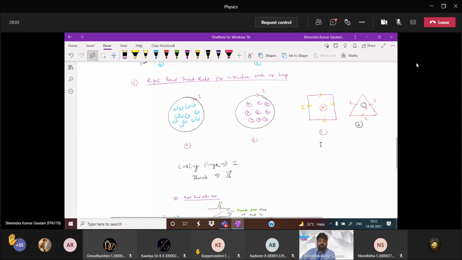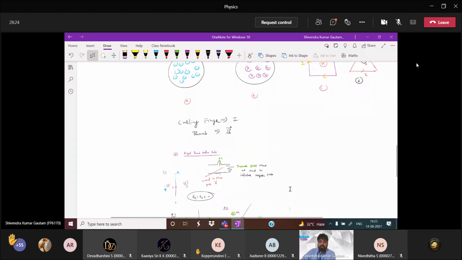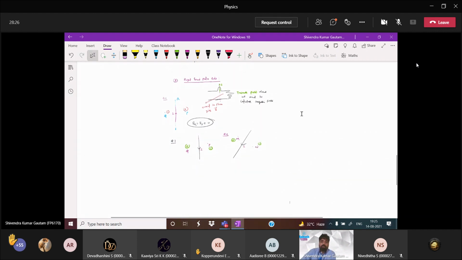The right hand thumb rule for circular wire: curl your fingers in the direction of current, then the thumb gives the direction of magnetic field. Here the thumb will come outward, here the thumb will go inward. This is the right hand thumb rule. And the last one is the right hand palm rule.